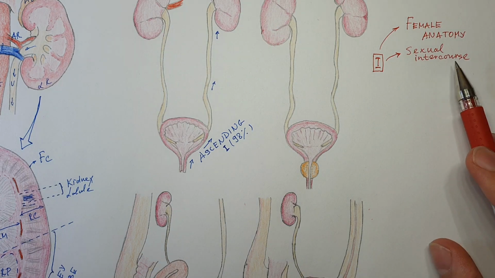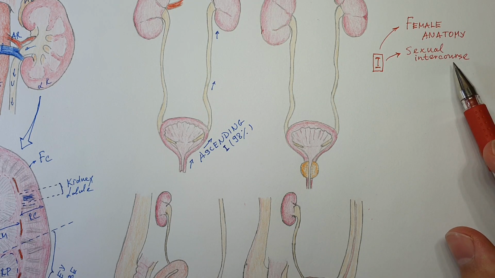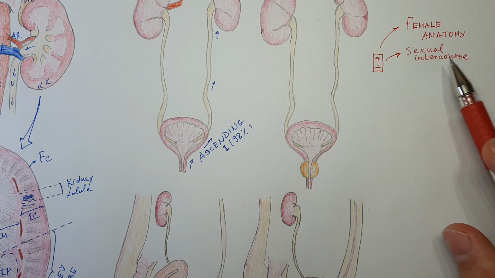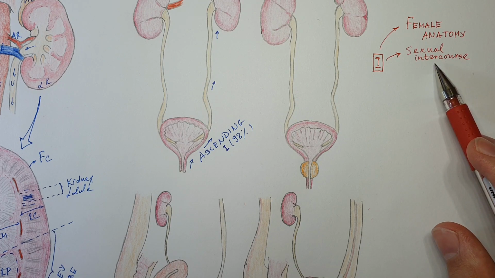Sexual intercourse is problematic because the urethra is shorter and communicates with all these other anatomical parts, so it is easier for women to develop urinary tract infections.